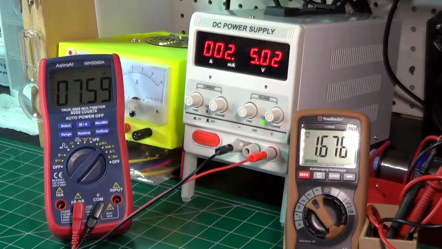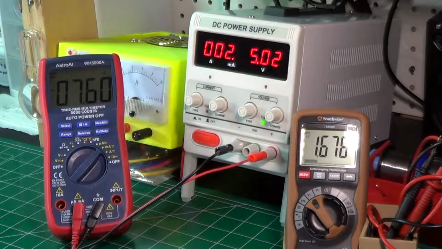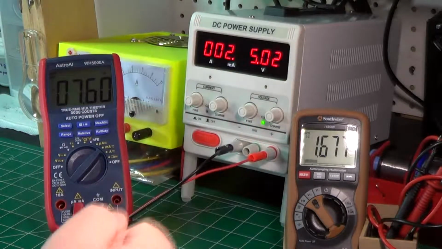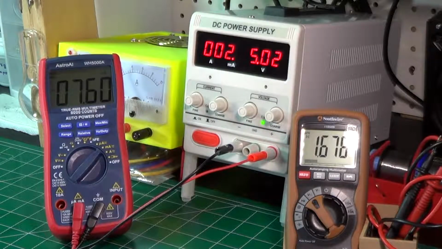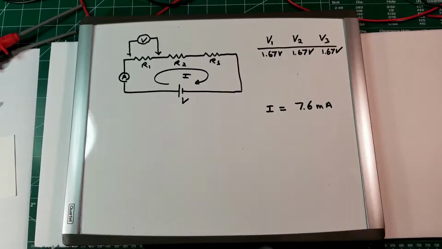For this, the current of course is always the same. And look at that, the voltage is also the same. Let's write down these values, this one in particular, 1.67 volt, and let's see what we can come up with. For these last measurements, again, we have 1.67 volt.